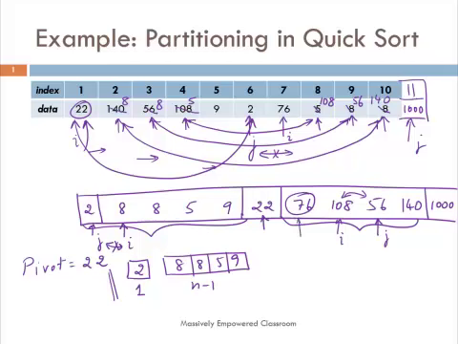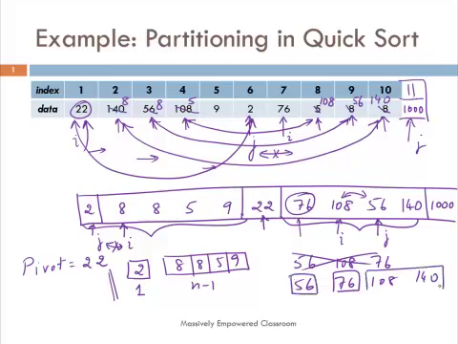So eventually you will get 56, 76, 108 and 140, where 76 was the pivot, the left partition had only one element, and the right partition had two elements.